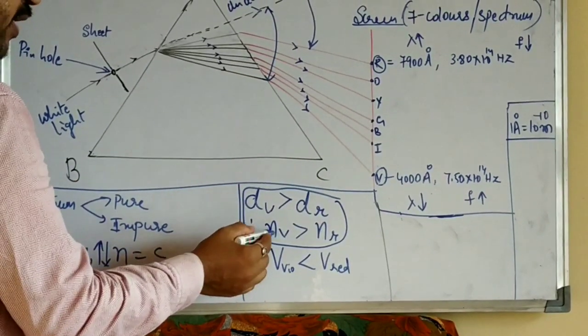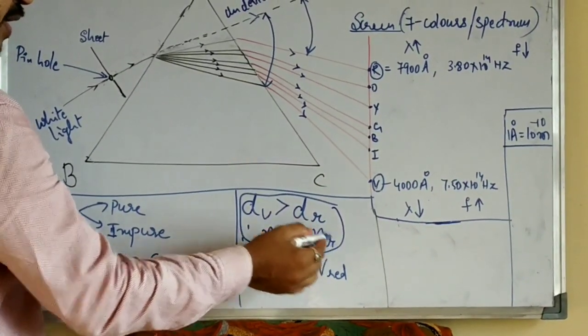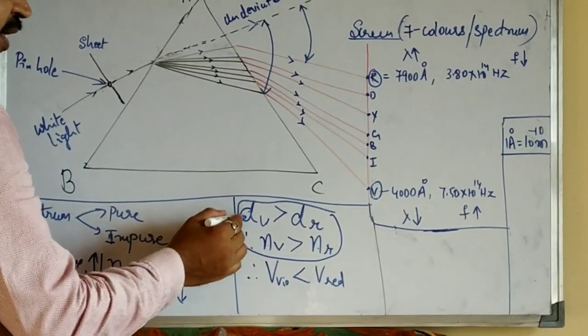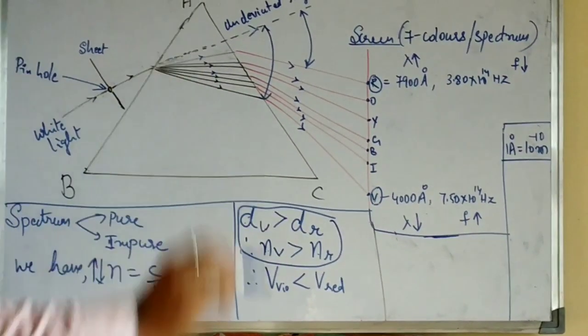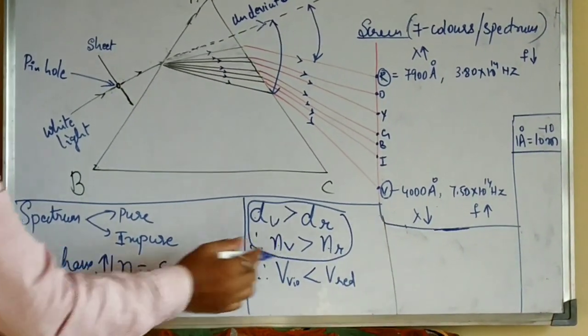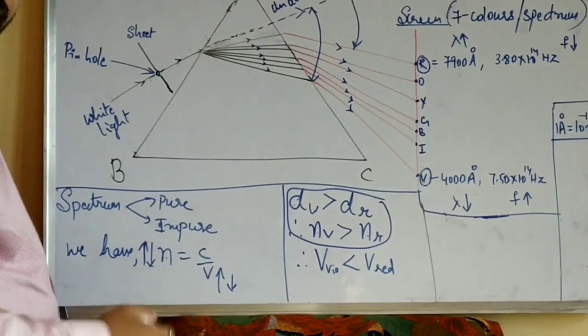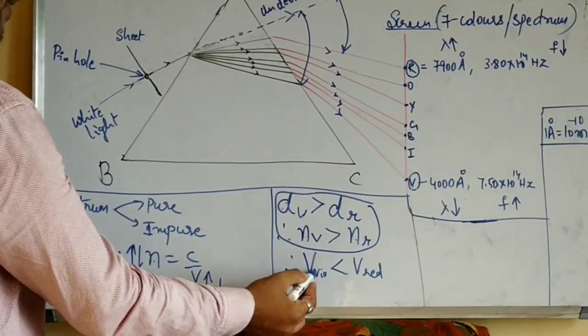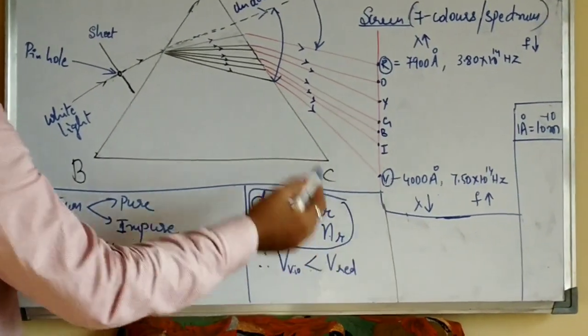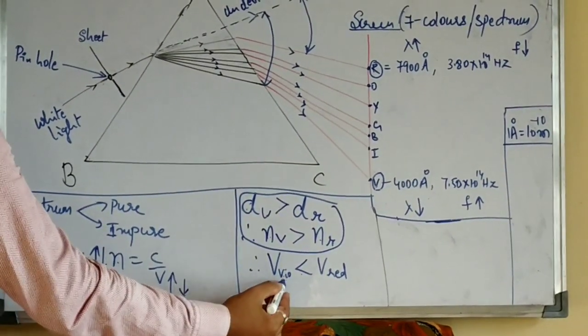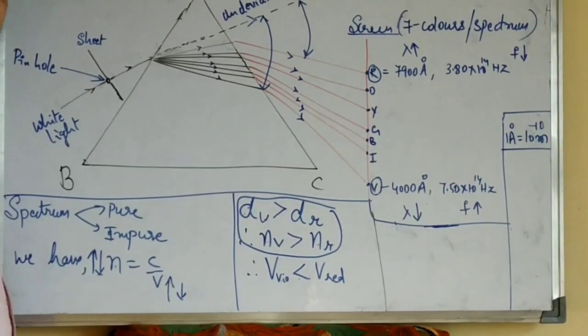That's why the refractive index of violet is greater than that of red, because the deviation of violet is greater than the deviation of red. But you know that refractive index is inversely proportional to speed, right? Therefore, the speed of violet color is less than the speed of red color.